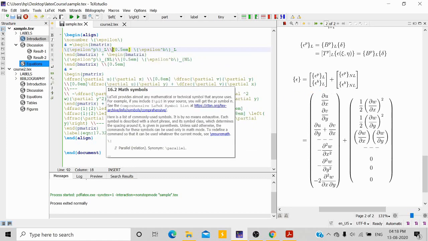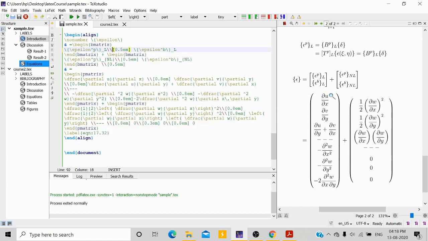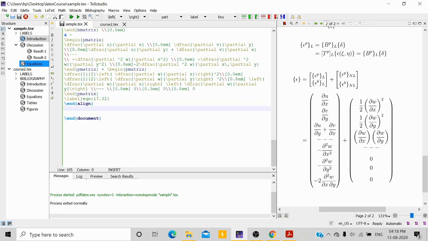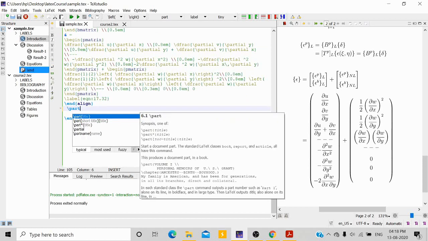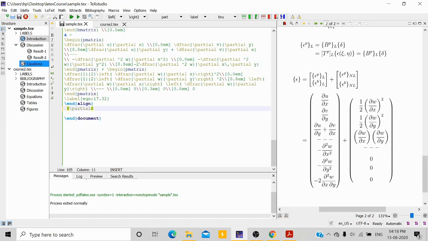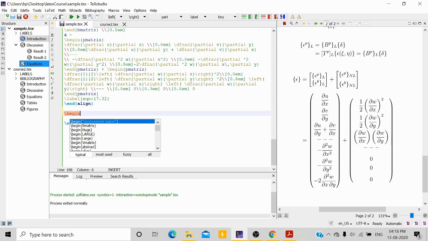And p matrix is this type of bracket. Then partial, when you write the derivative, you can use partial like this. See, I'll just show you here, partial. You can write partial of dx or u or v. And another thing is, when you write a fraction, let me show you here in begin equation.